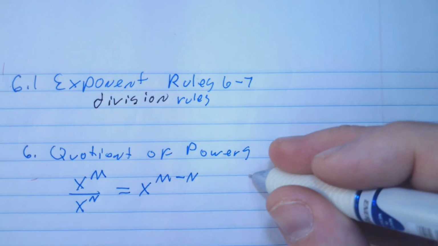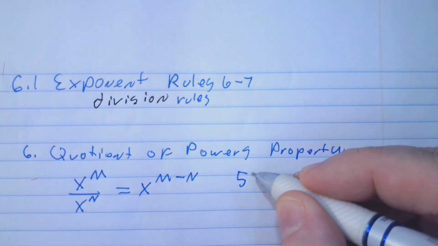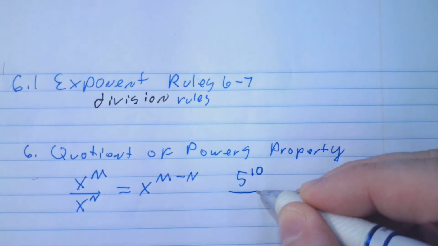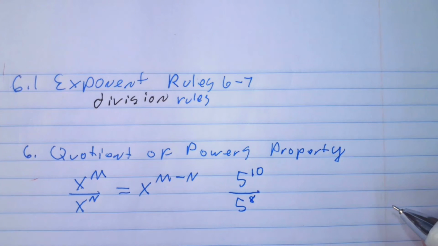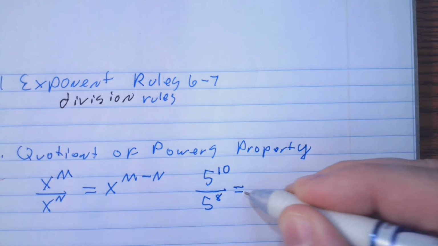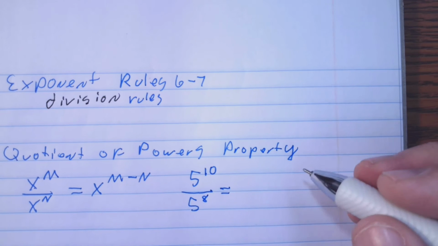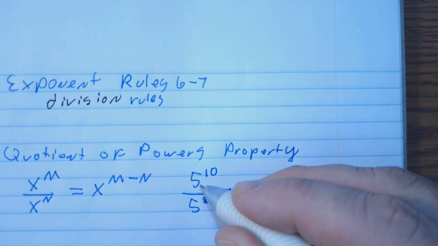So let's say we have a problem like this. 5 to the 10th power divided by 5 to the 8th power. Okay, this is how we used to do it, or used to have to do it in 7th grade. This is called the expanded form, I believe is what they call it. So then I have to go, how many 5s is that?